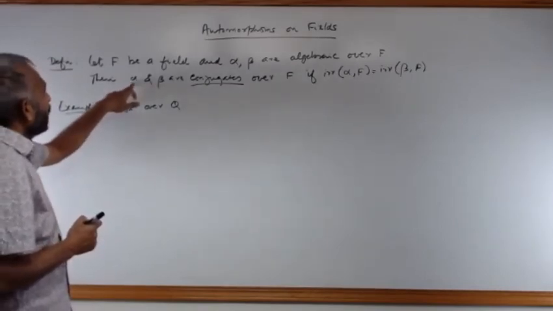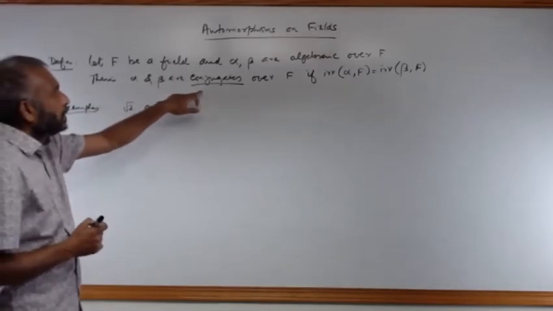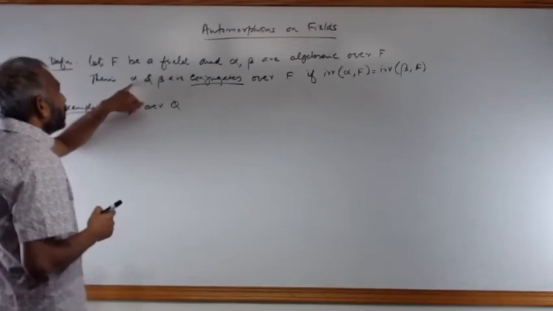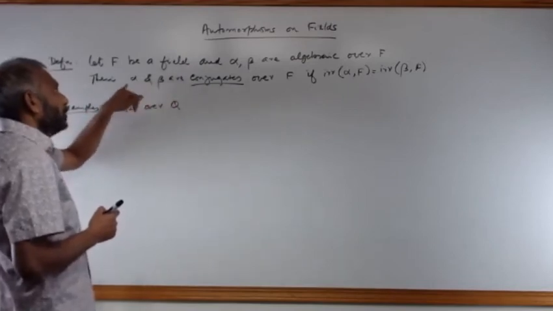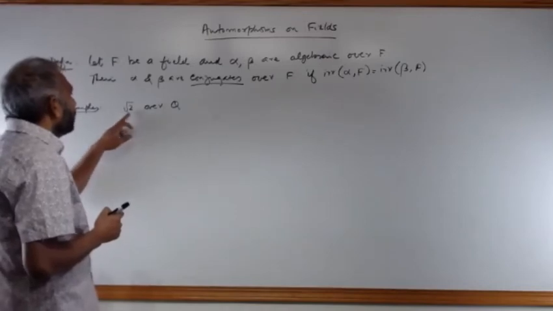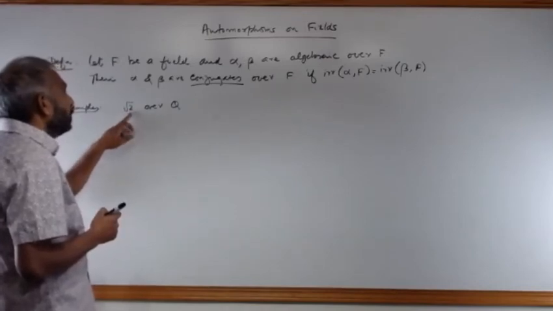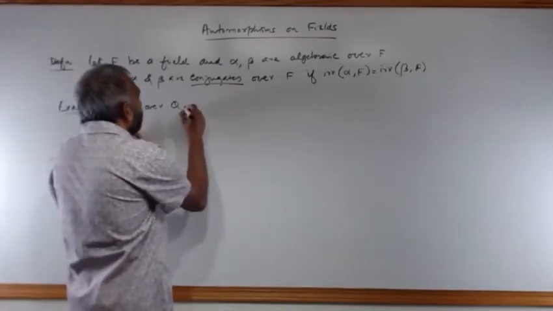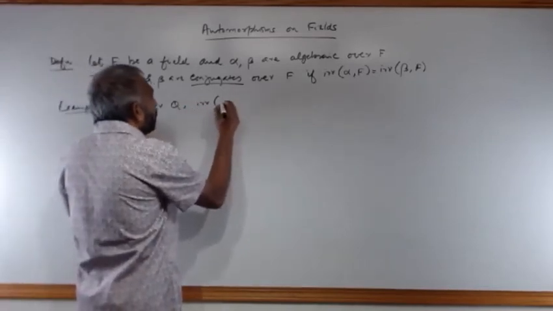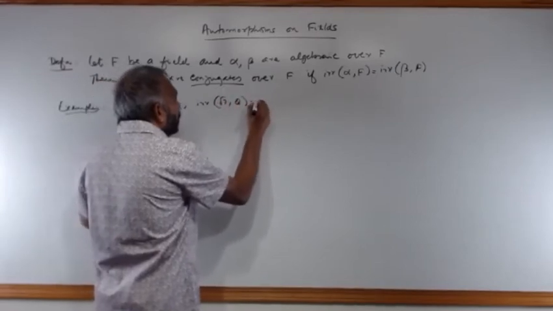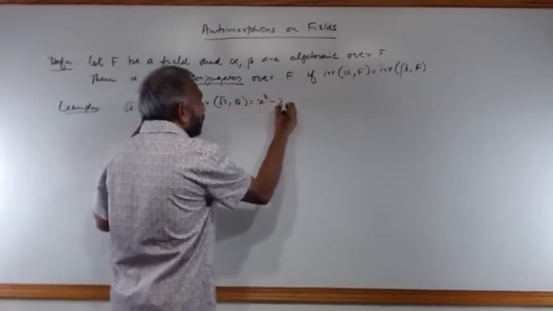When you say alpha and beta are conjugates over F, that means alpha is conjugate to beta and beta is conjugate to alpha. So first of all, we need to find out the irreducible polynomial of root 2. That we already know. The irreducible polynomial of root 2 over Q is equal to x square minus 2.